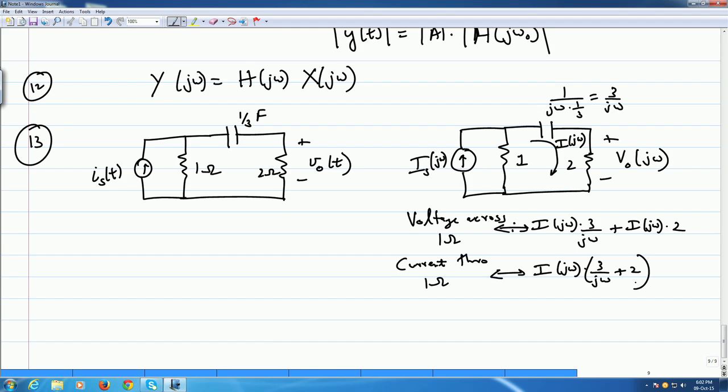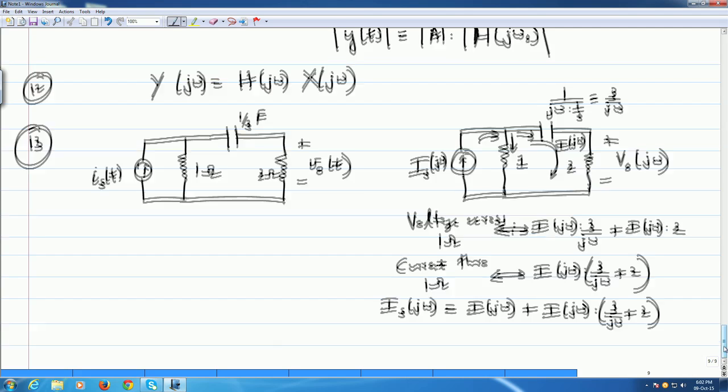Okay, so, that will be the current through the 1 ohm resistance, and now we know overall that Is of j omega has to be equal to I of j omega plus I of j omega times 3 by j omega plus 2. Okay, so, the incoming current here has to be equal to the current here plus the current there, and that gives you this equation.